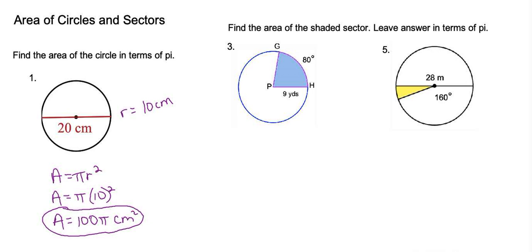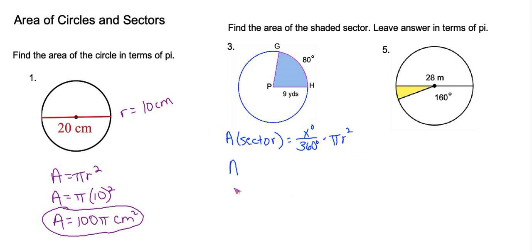So let's recall our formula for that. The area of a sector, well, we just need to find what fraction of the circle that it is and multiply it by the area of the whole circle. So x over 360 represents the fraction of the circle times the area of the entire circle, pi r squared.